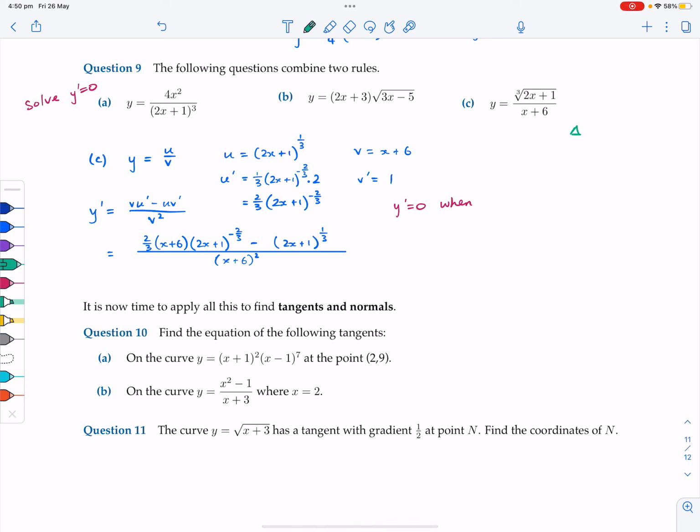If a fraction equals 0, the numerator equals 0, and the denominator doesn't equal 0. That's a subtlety. I'm just going to concentrate on the fact that a fraction can only equal 0 if the numerator equals 0. So I'm just going to focus on this bit, all right?